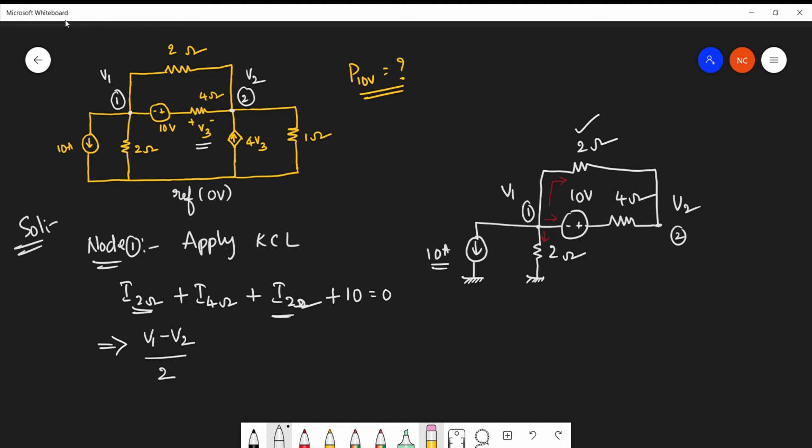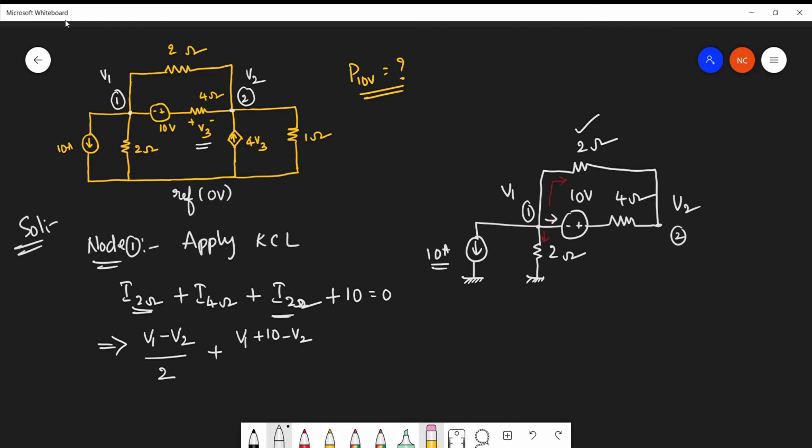This is the current passing through the 2 ohm resistor, plus what is the current passing through the 4 ohm resistor? Take V1 first. In this branch you have a voltage source; according to the current direction, first you get minus polarity for the supply, so minus of minus will be plus 10 minus V2.